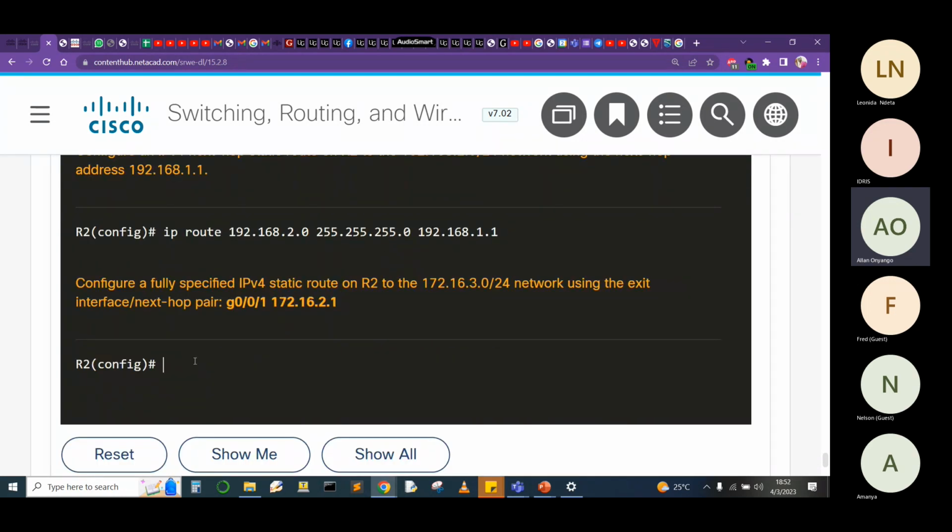Configure fully specified static route on R2 to network 172.16.3.0. So you say ip route 172.16.3.0, the subnet mask 255.255.255.0. And then you put the exit interface, which is G0/0/1, as we are given.